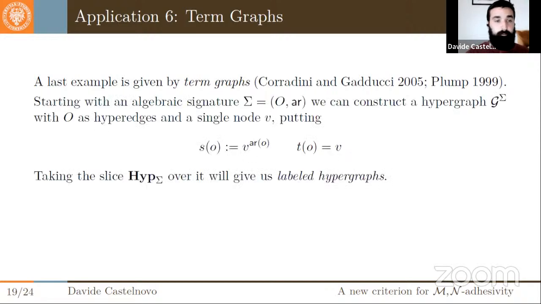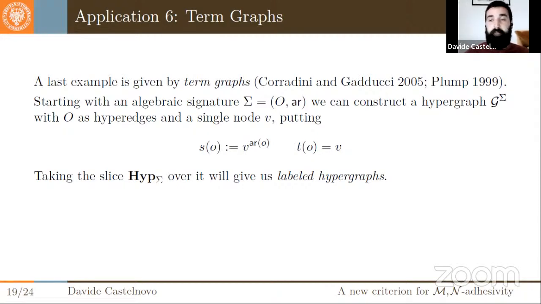So we can start with an algebraic signature, Sigma. What is an algebraic signature? It's simply a pair given by a set O of operations and a function R from O into N that assigns to each operation an arity.